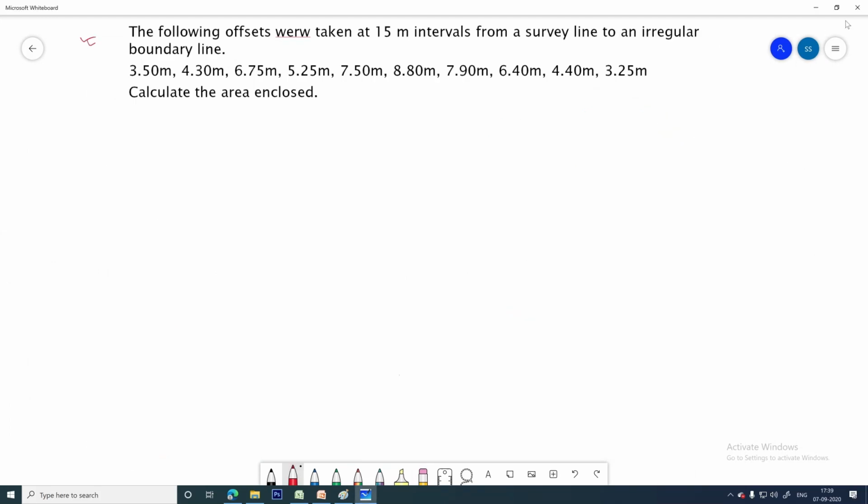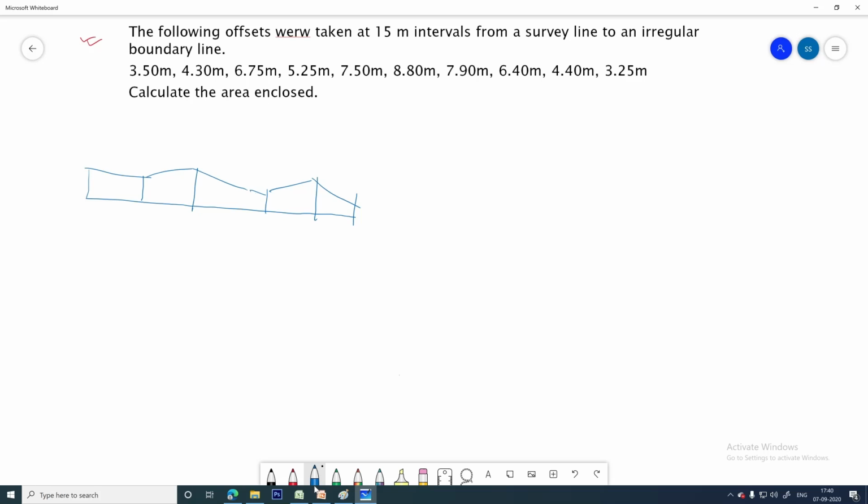Here it is said that the following offsets were taken at 15 meter intervals from a survey line to an irregular boundary line. So consider, if this is a survey line, we have taken some offsets, something like this. And we have got an area, something like this.